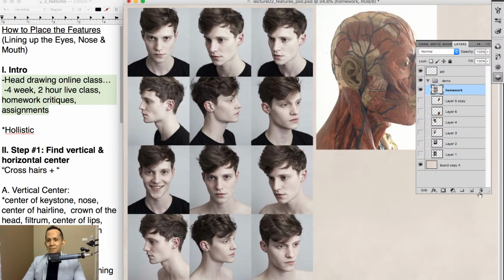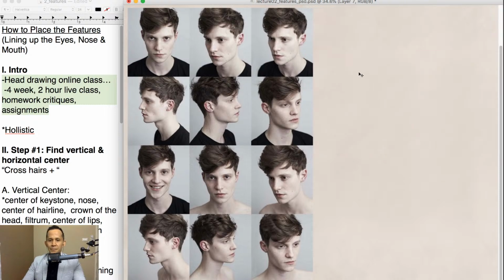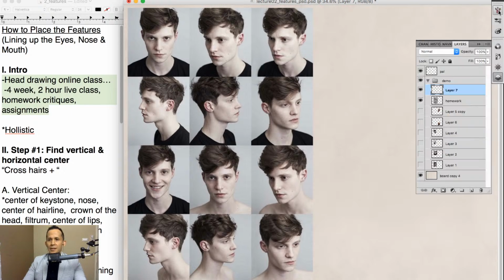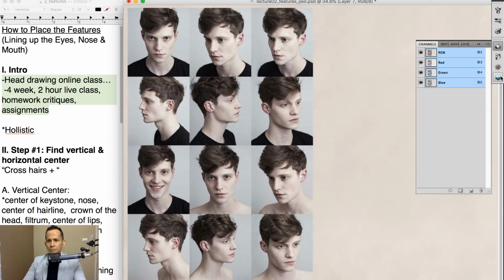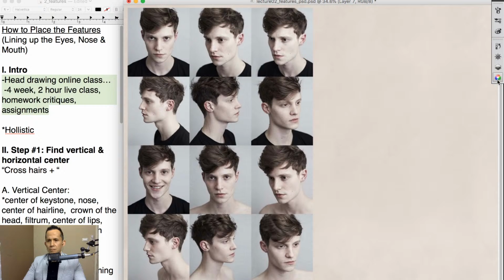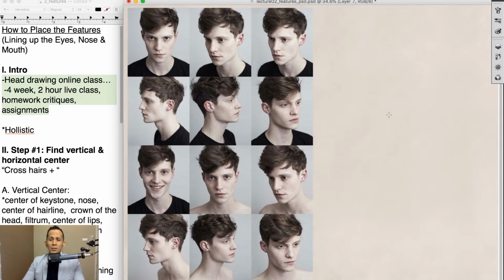In the last video, the idea was shape, head type.